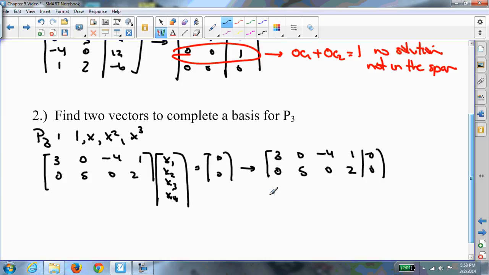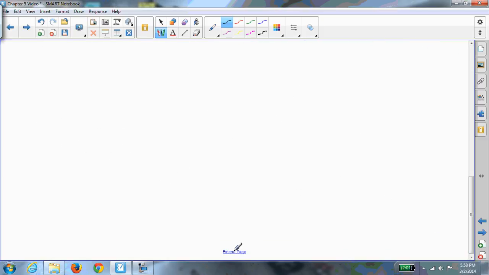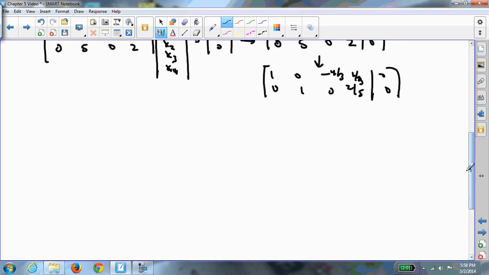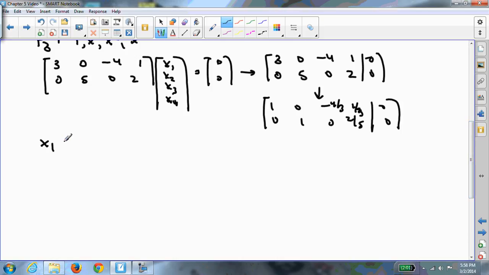So if I RREF this, I get 1, 0, negative 4 thirds, 1 third, and 0. 0, 1, 0, 2 fifths, and 0. Okay, again, translating these solutions, this would mean that x1 is equal to 4 thirds x3 minus 1 third x4.